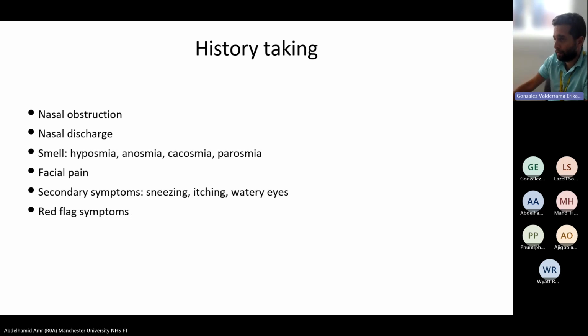And then red flags. What are the red flag symptoms in rhinology? Mostly unilateral symptoms. Recurrent bleeding.